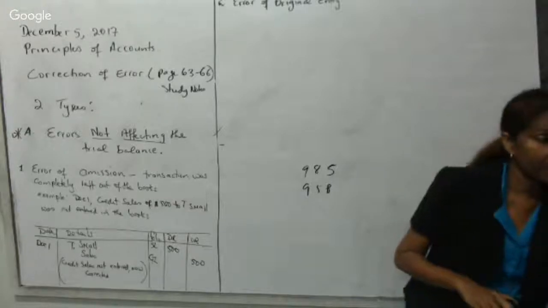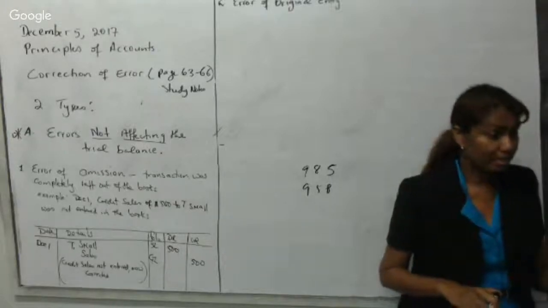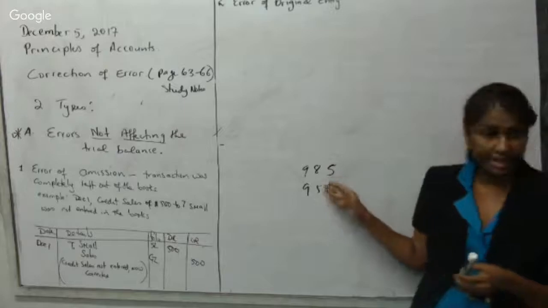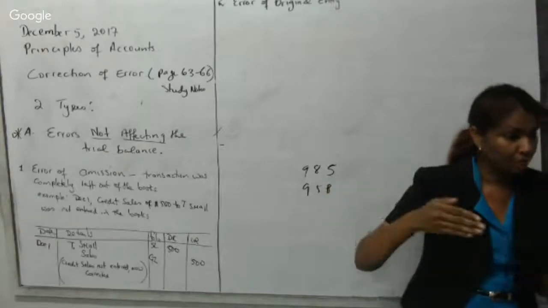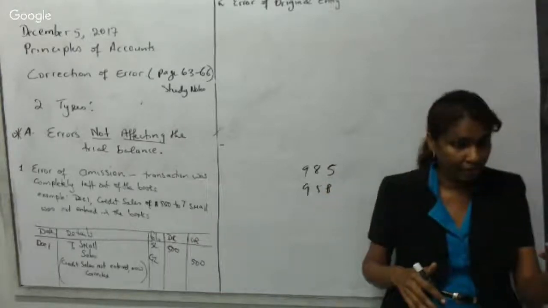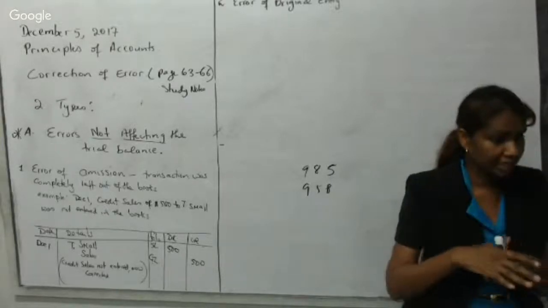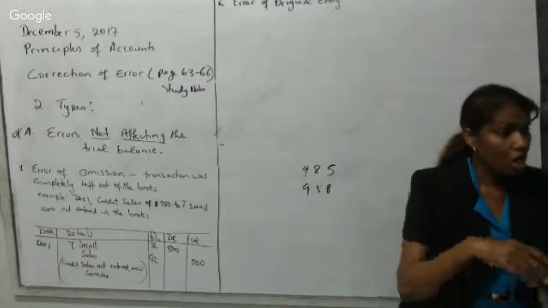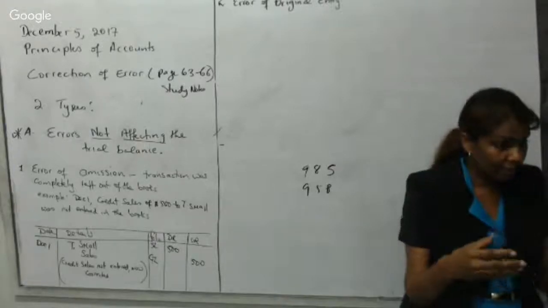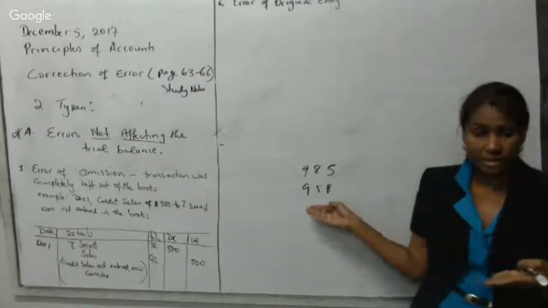Now, how you correct that error also depends on whether the figure that you've entered is too much or too little. So just like when we were doing the bank recon, we couldn't know how the errors would have been corrected, whether we should debit or credit the updated cash book, until we actually saw what the error was. That similar thing's going to happen here.